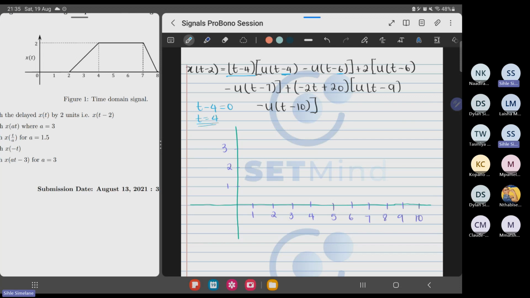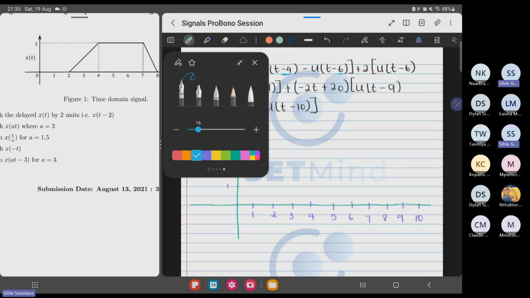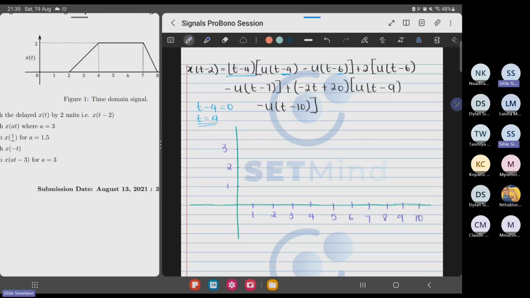And when you equate t to 0, you'll find that it crosses at -4. So this graph here will look like this, the first part. Let me use pink. At t is 4, it is going to be 0.